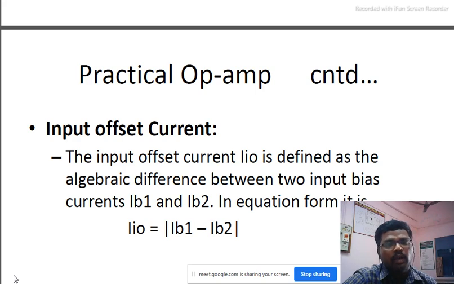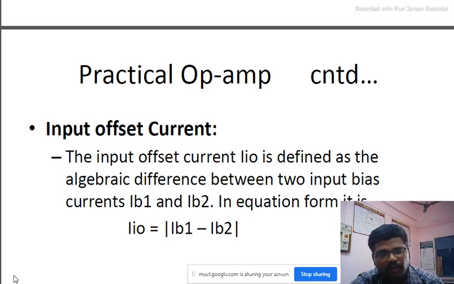The input offset current is defined as the algebraic difference between the two input bias currents, IB1 and IB2, input bias current 1 and input bias current 2.